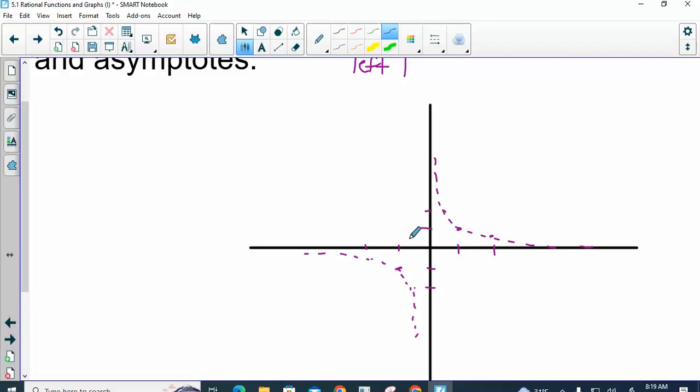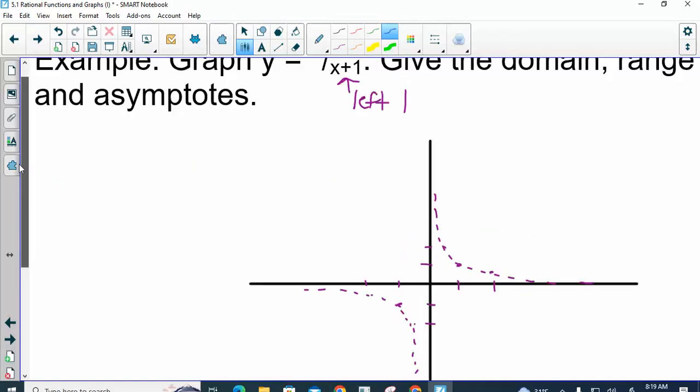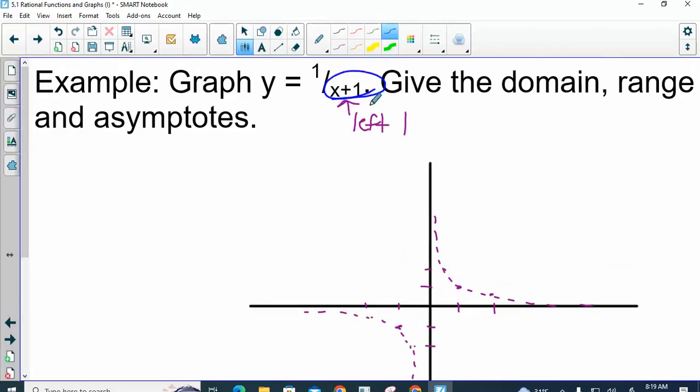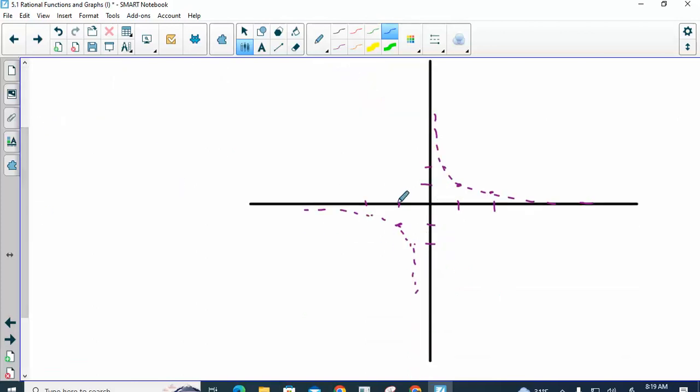If you move left or right, which asymptote gets moved with it? The vertical. So my vertical is now going to be at -1, which we can tell by looking at this. Can you put a -1 in? No, because it makes the bottom 0. So -1 is going to be my vertical asymptote. Does my horizontal asymptote move? What would cause that to move? Yeah, if we were adding or subtracting on the top or on the outside, moving up or down.